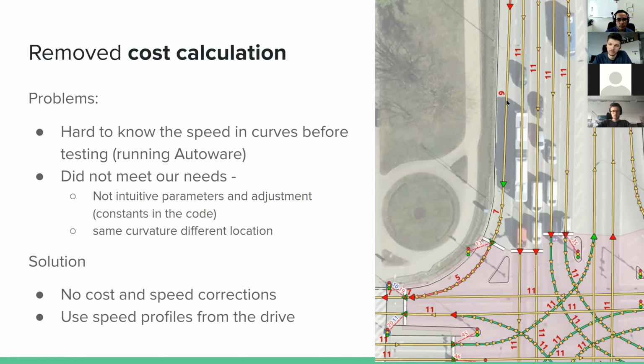But if we put all the way the official speed limit, let's say 13, and we rely on cost, then we see the final outcome only when we run OpenPlanner, whether in simulation or when we actually go driving. We don't know beforehand what the speed will be in this turn. So it makes it a bit more complicated.